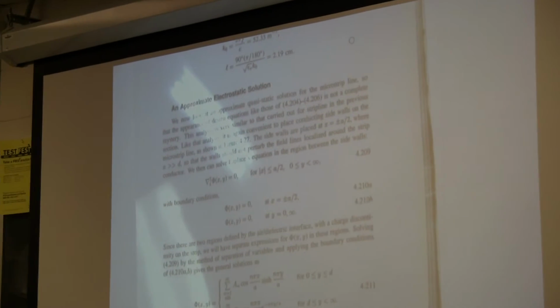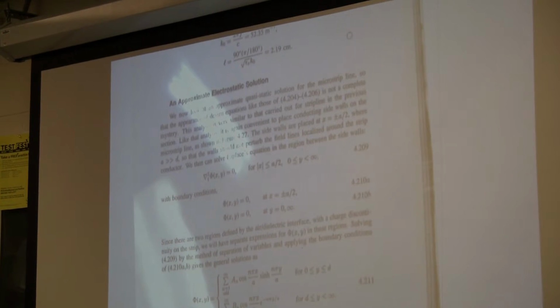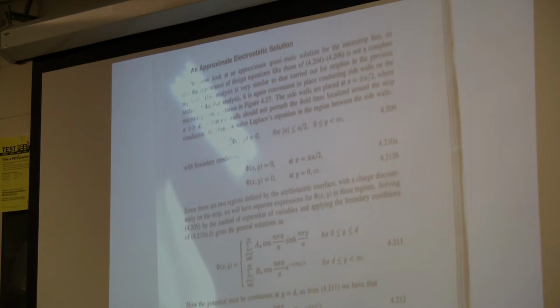Here, on page 187, is what I called an approximate electrostatic solution. What do I do with it? We know it's approximate, so we might as well take the approximate numerical solutions.